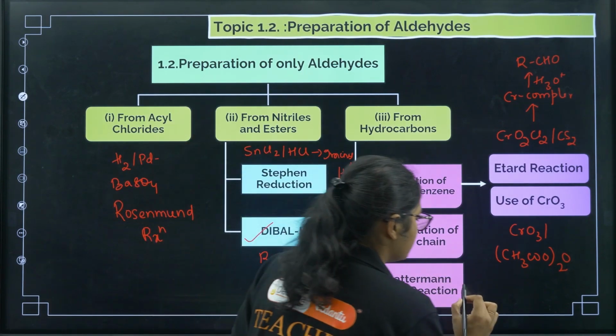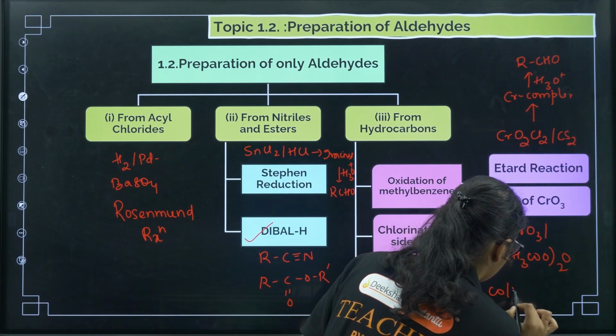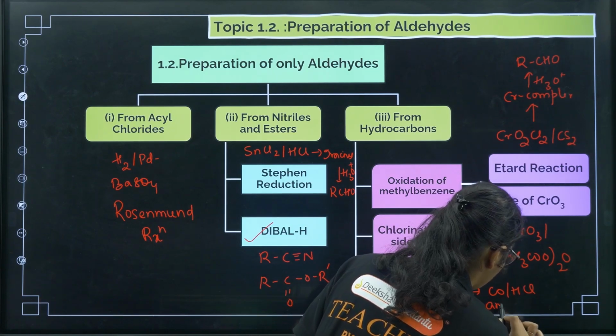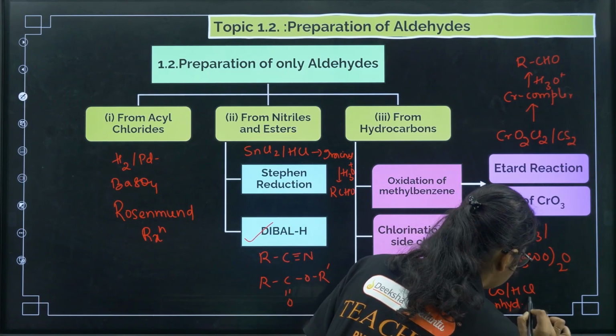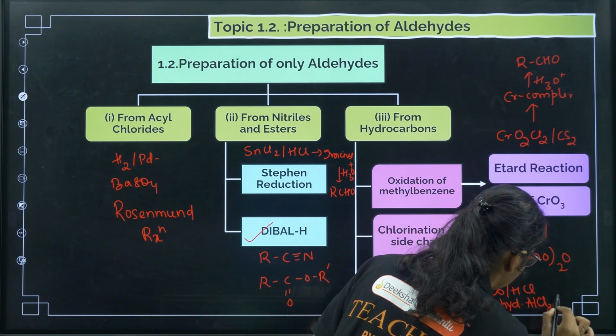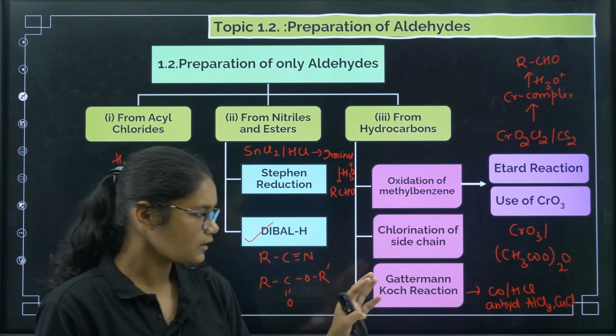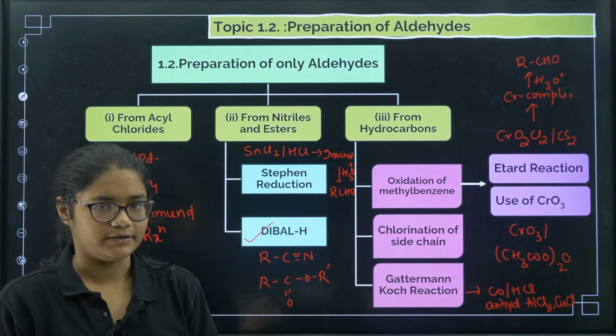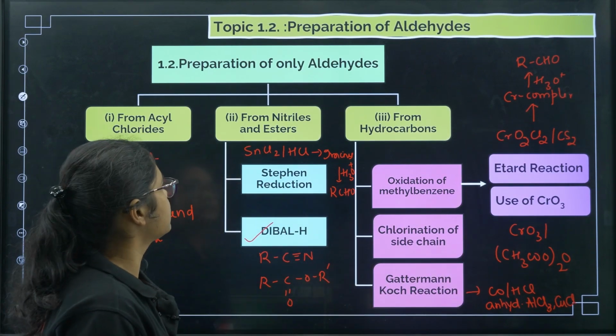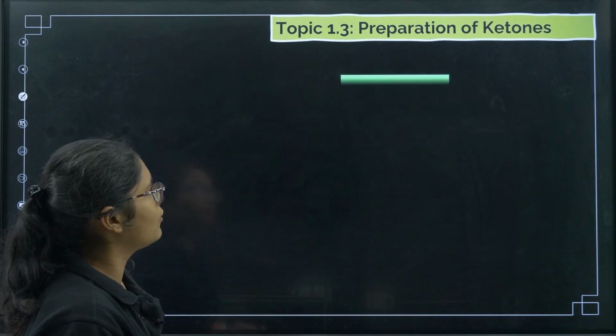Next, coming to the Gattermann-Koch reaction, the reagent used is CO, HCl in presence of anhydrous AlCl3 and CuCl, right? This will give you aldehyde. Okay, fine. Next, coming to preparation of only ketones.